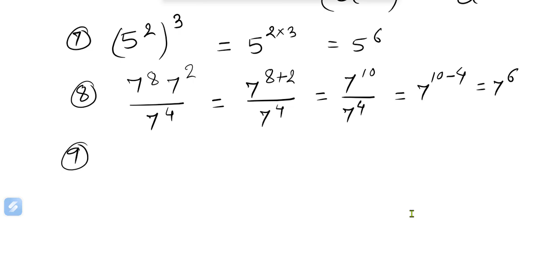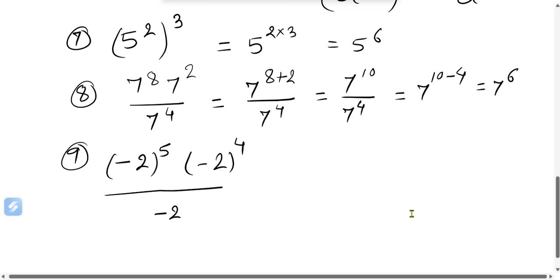There is another example. If minus 2 has exponent of 5, minus 2 has exponent of 4, and minus 2 has exponent of 3 here.